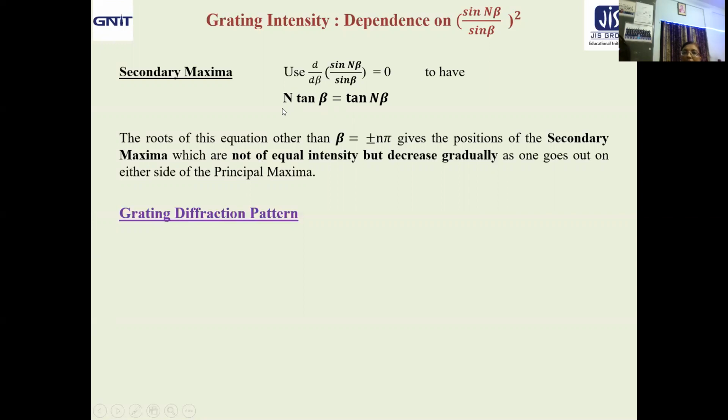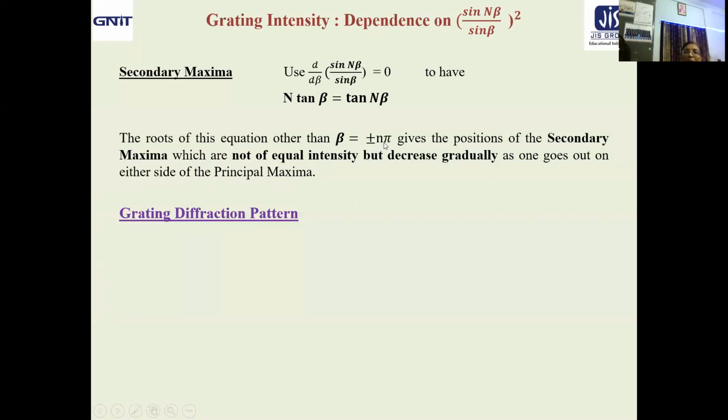Naturally, this is the condition for secondary maxima for N-slit diffraction. The roots of this equation other than beta equal to plus minus N pi give the position of secondary maxima, which are not of equal intensity. That is very, very important. But they decrease gradually because they are secondary maxima, as one goes out on either side of principal maxima.